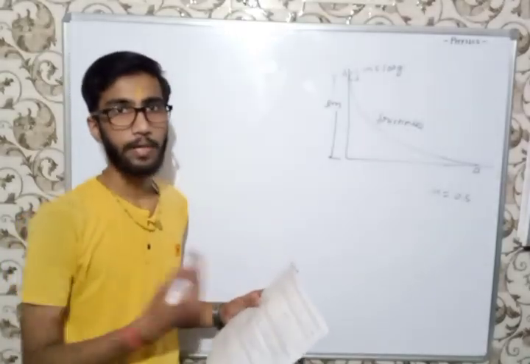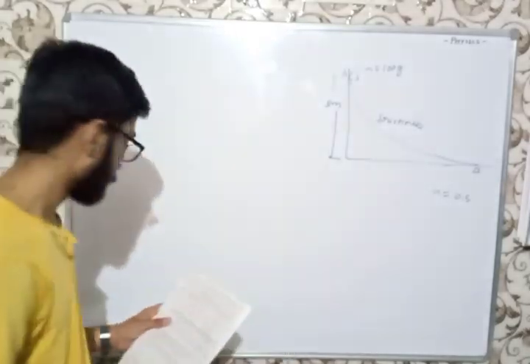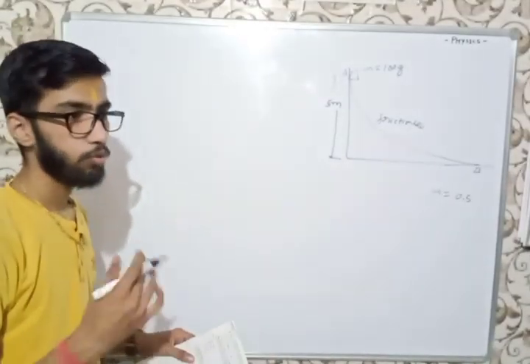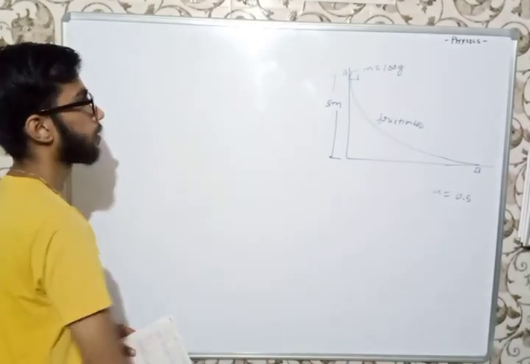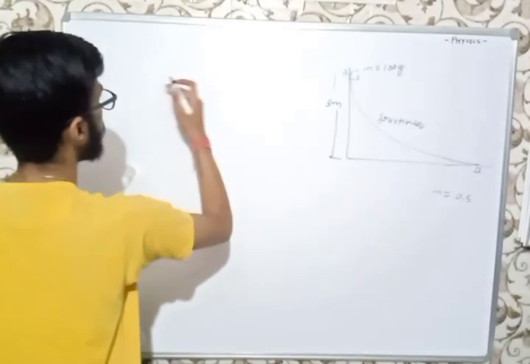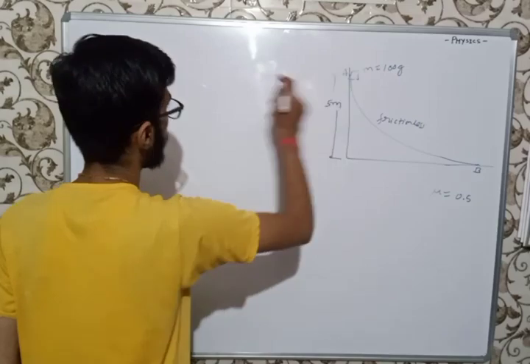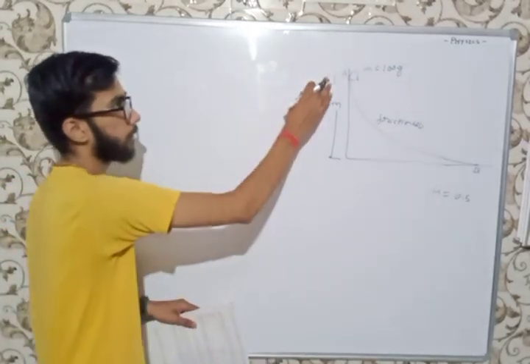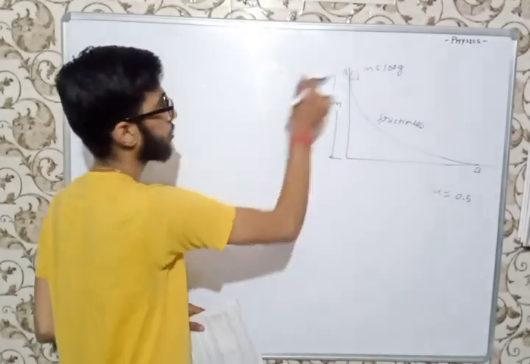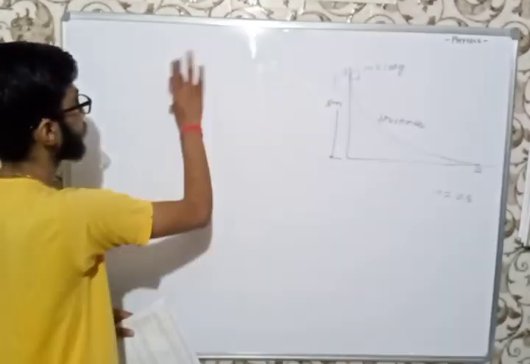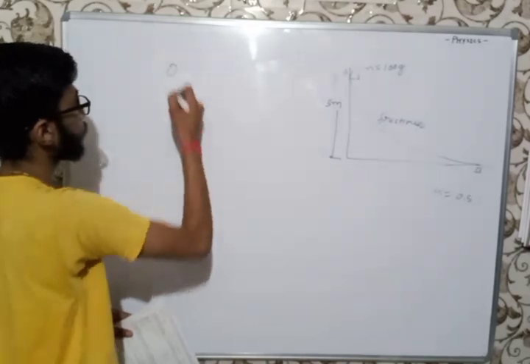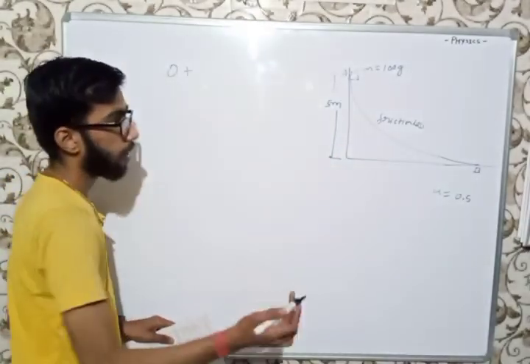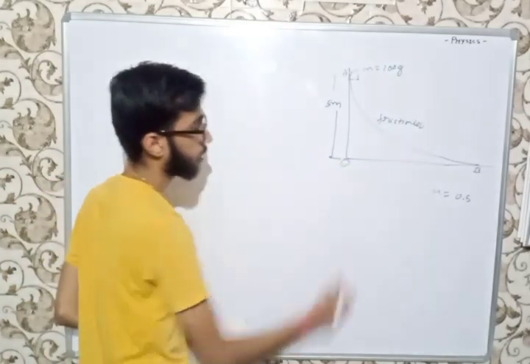How long will that block move? See, in such problems it is useful to apply conservation of energy. Let's apply conservation of energy. At point A initially there was no kinetic energy, so K was 0, plus there was potential energy.